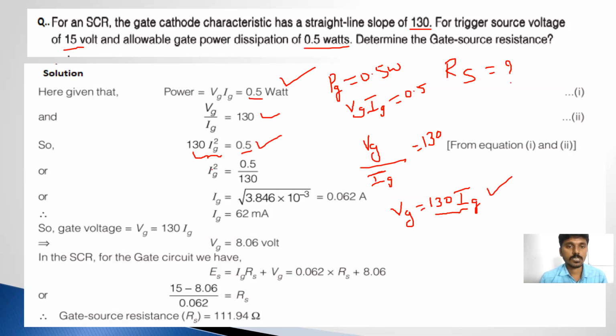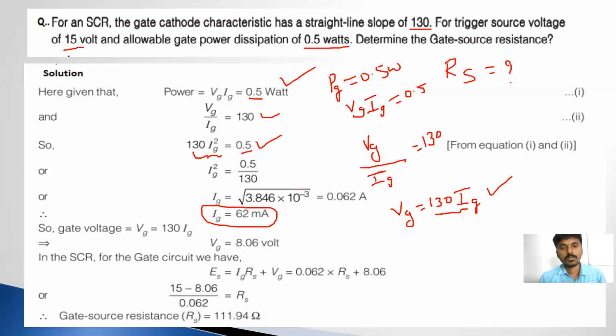So IG square is equal to 0.5 by 130. Taking the square root, we get IG as 0.062 amperes, or 62 milliamperes.